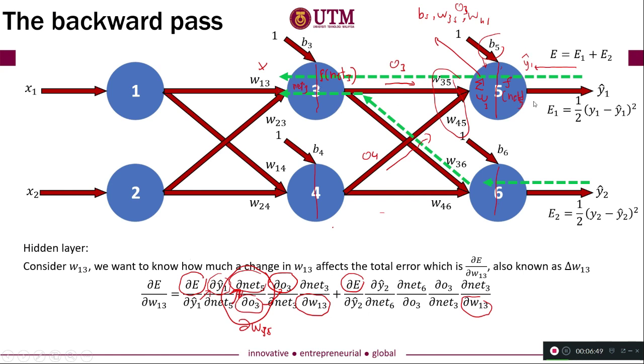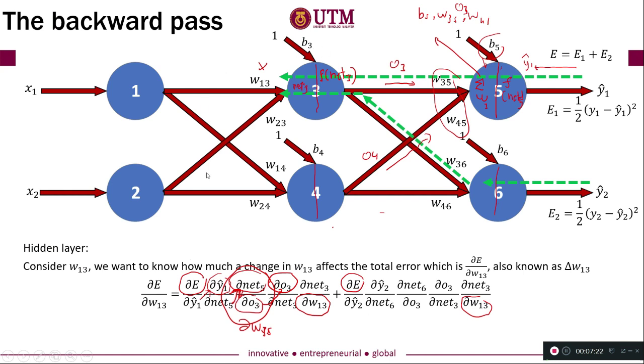So it's a little bit different from the previous one. Instead of stopping here, if you stop here, that is related to the output layer only. So if you want to extend the chain rule from this stage into this stage, then you must do the derivative of del net 5 with respect to del O3, because that will extend the chain rule in this direction.